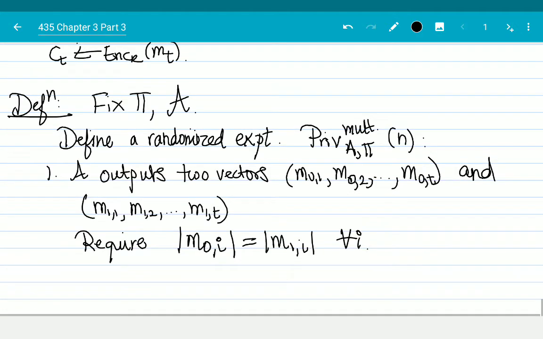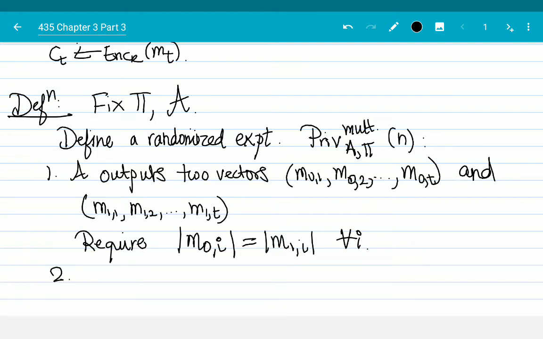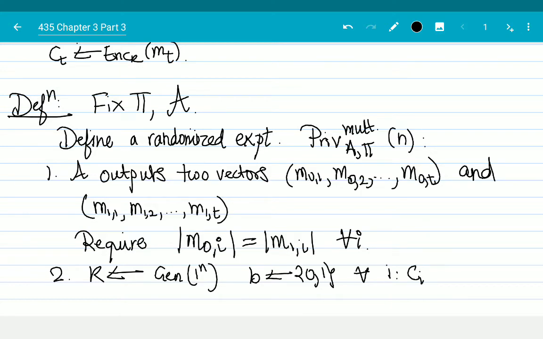Okay, in the second step, we generate a key k from the generator 1 to the n, and take a random bit b in 0, 1. For every i, ci is the encryption under k of m_bi.